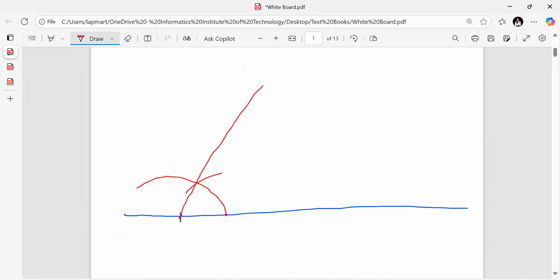We don't know the length, you just draw it. Then you open your compass and measure 6 centimeters. You mark the 6 centimeters from here, and from here you mark the 6 centimeters like this, right?